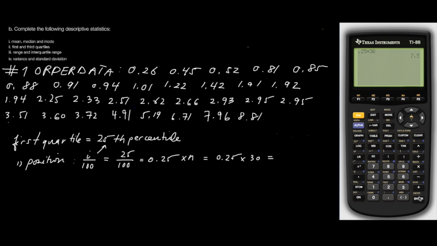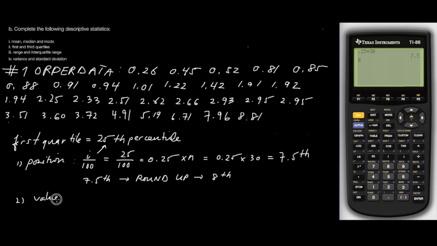So this is a position of the 7.5 position. Now, as we saw previously, we know that 7.5 means that we have to round up. So we know that the position of 7.5, we simply round up to the 8th position.